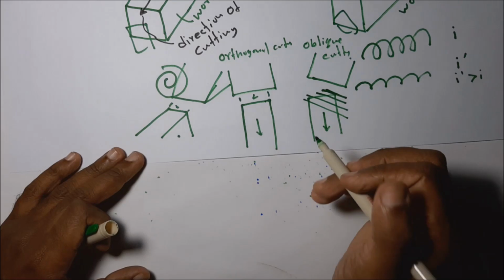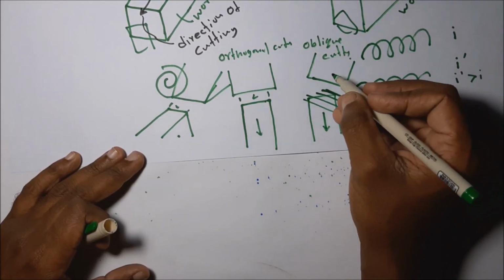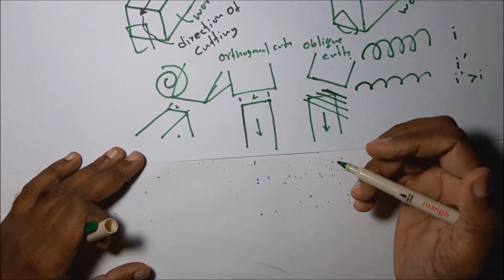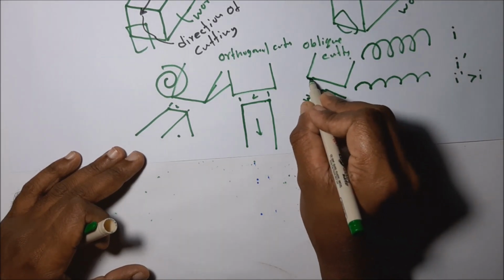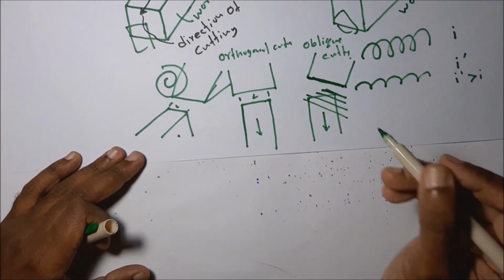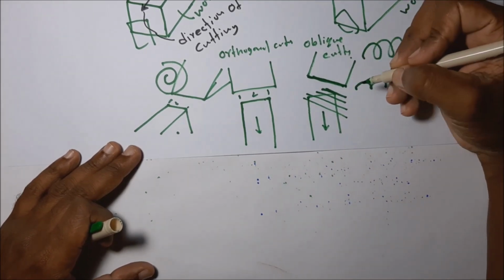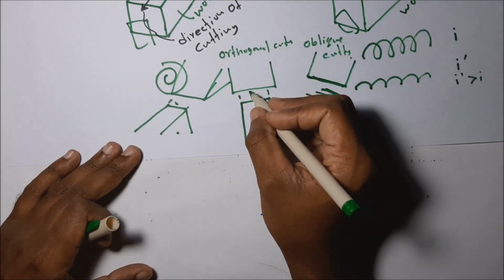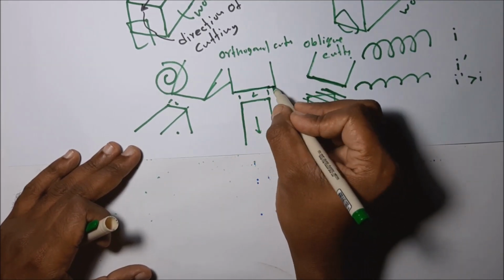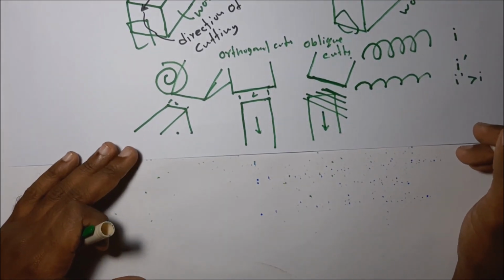Because of the smooth engagement, the tool edge has higher safety. Higher safety means the tool wear is less, because in orthogonal cutting it produces an impact force on the workpiece, which blunts the tool tip. So the tool life is more here, and here the tool life is less.